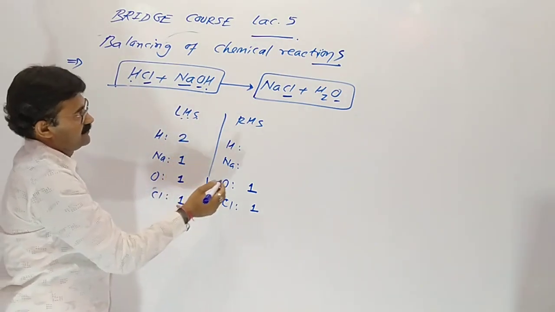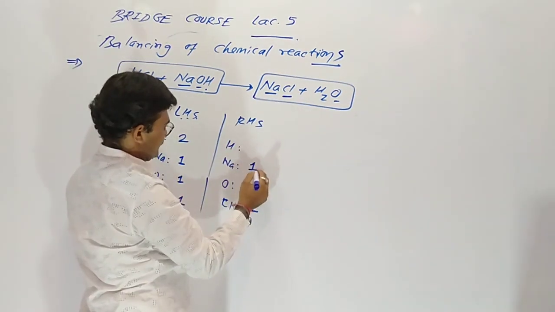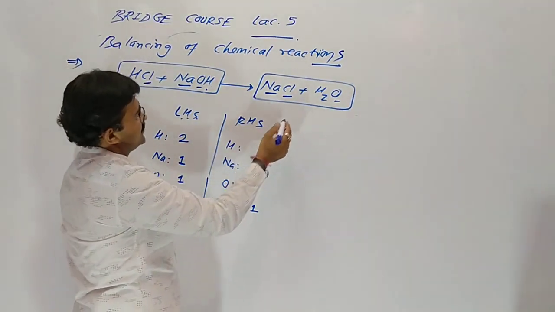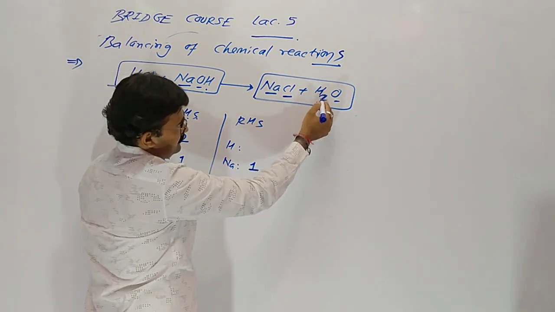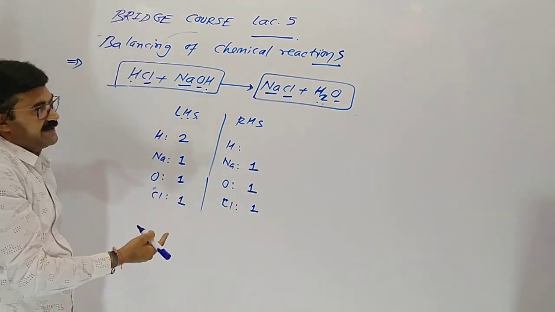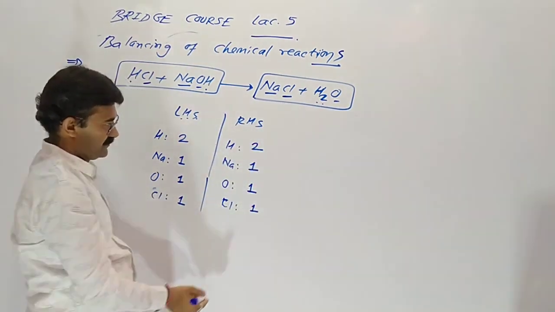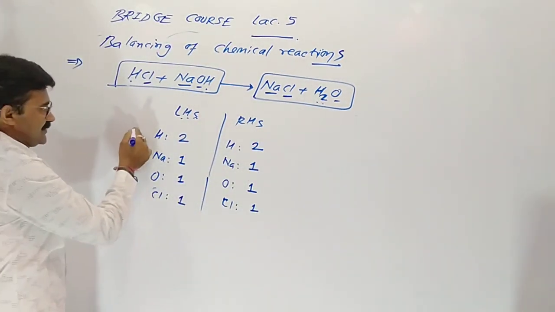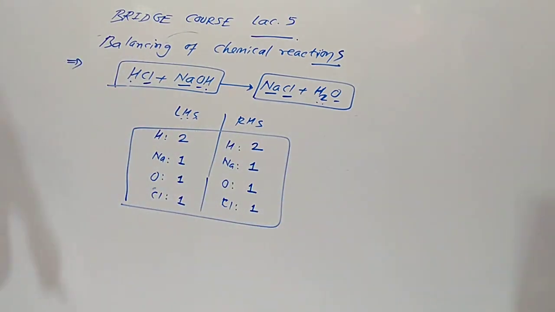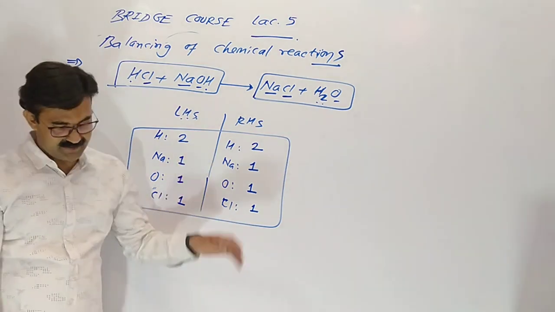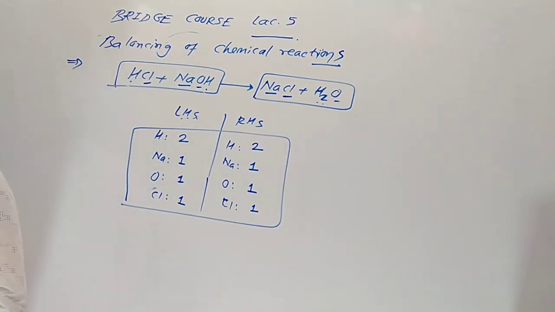Sodium is 1 time here and also 1 time here. H2 means 2 times hydrogen. So this reaction is already balanced. No need to balance it. Already it is balanced.